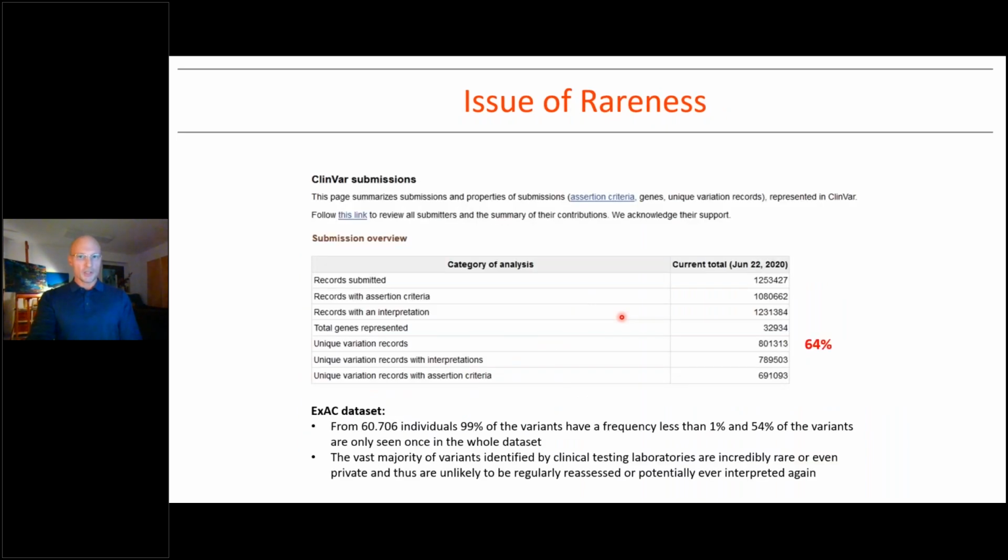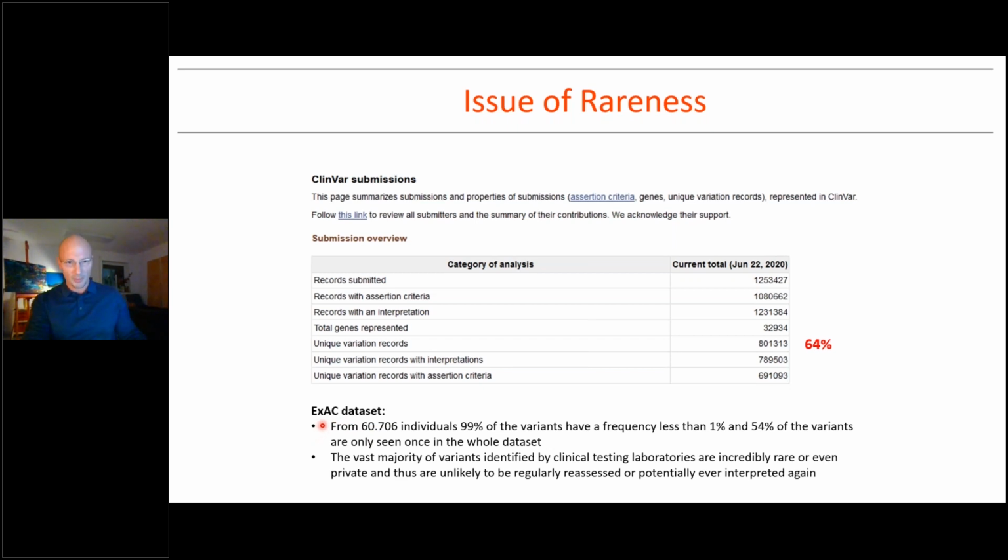The next issue I want to discuss is the issue of rareness. This is a screenshot from all ClinVar submissions, and you can see here that 64% of all ClinVar submissions are unique records, so only one submission, only one variant here. And here is some data from the ExAC data set.